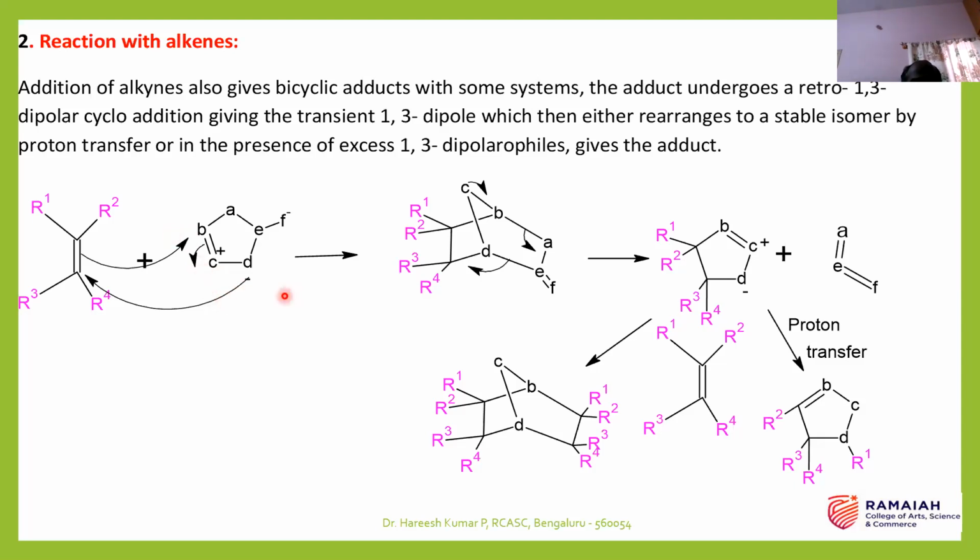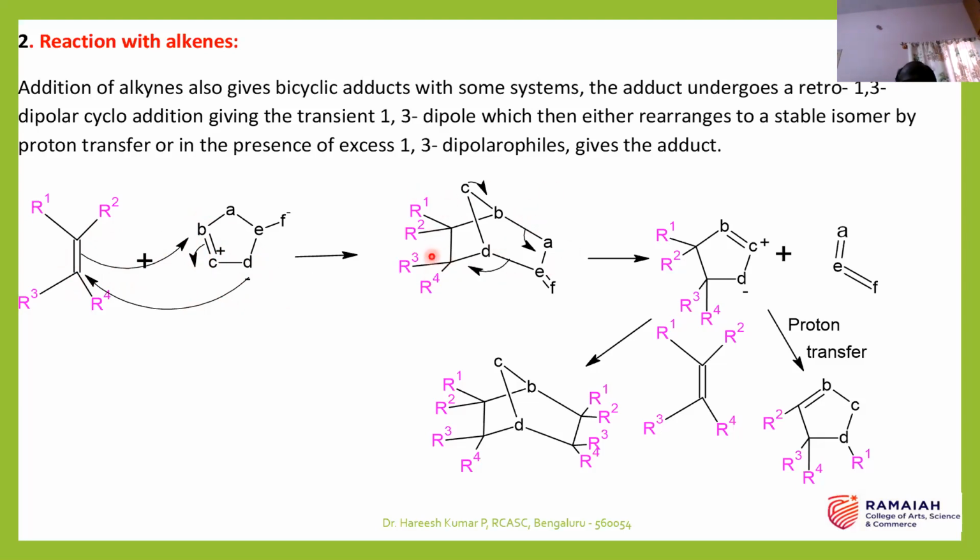So what you need to remember here is that the anion part can attack this carbon and this bond pair can attack this atom. When this is attacking this atom, this bond pair will go onto this carbon, because it's a positive charge. That is how an adduct is formed.